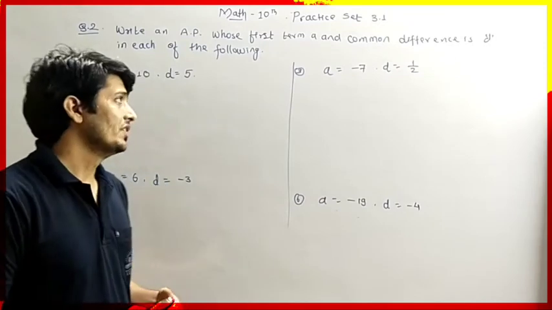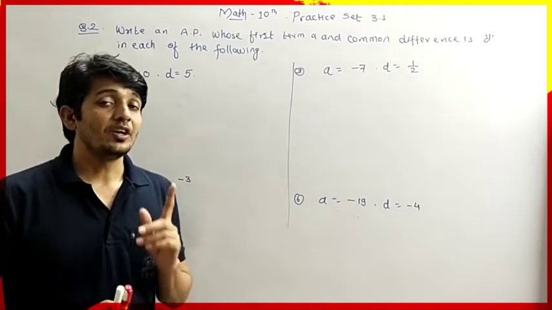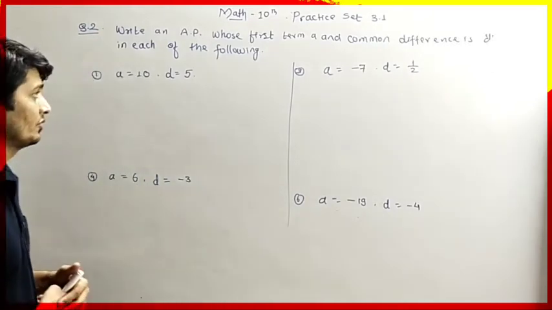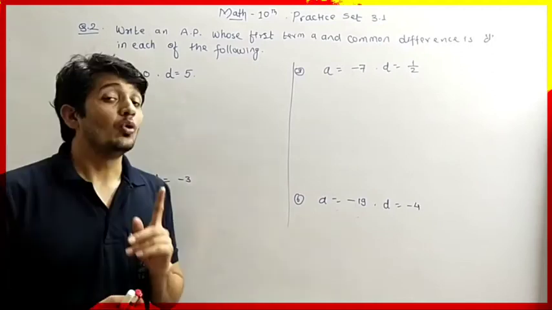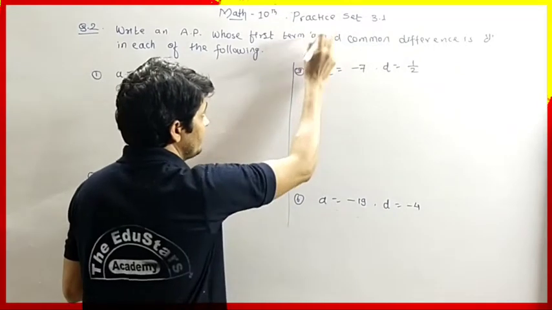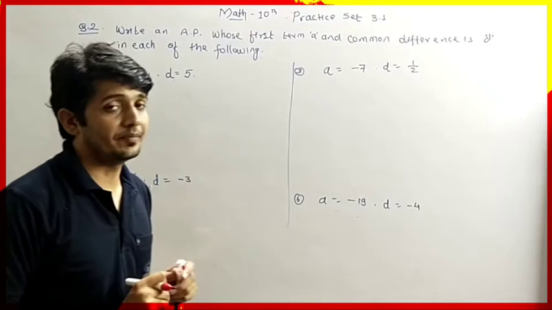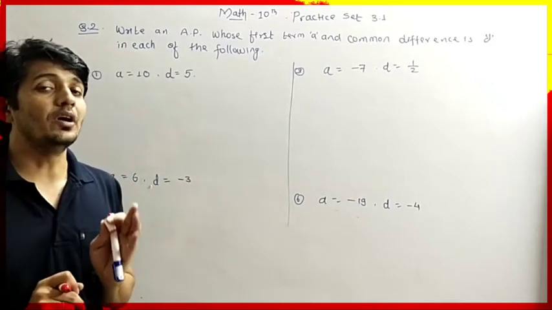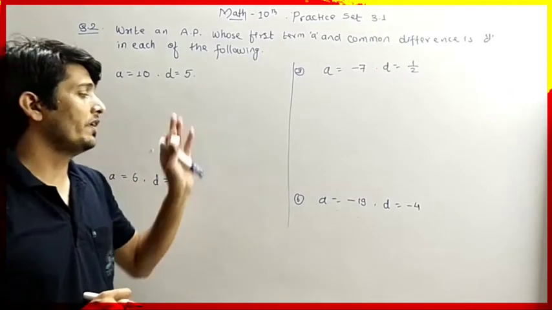The first question we have already solved in our previous video. Now we are going to solve the second question. It says: write an arithmetic progression whose first term is A, the first term, and the common difference is D, the common difference between any two consecutive terms, in each of the following cases.